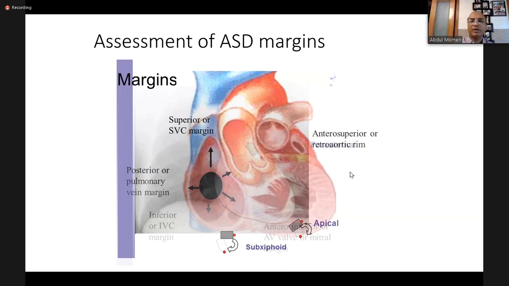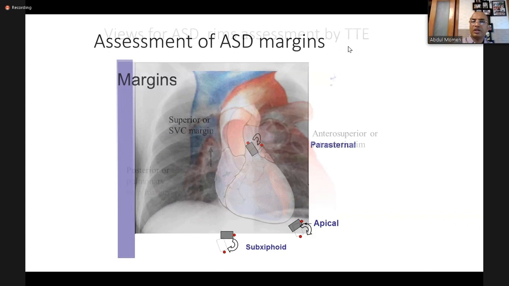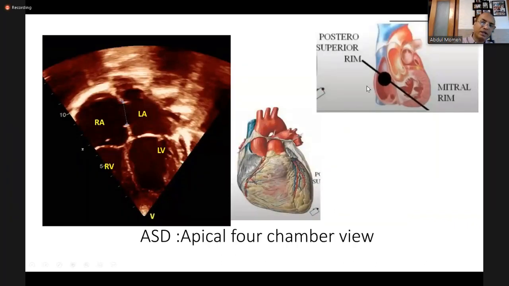With the transducer at the apex, this is the plane of the echo beam, and this is the cut section of the valve. This is the mitral rim, and this is the posterior superior rim. So in the apical four-chamber view, we find two rims of the ASD.